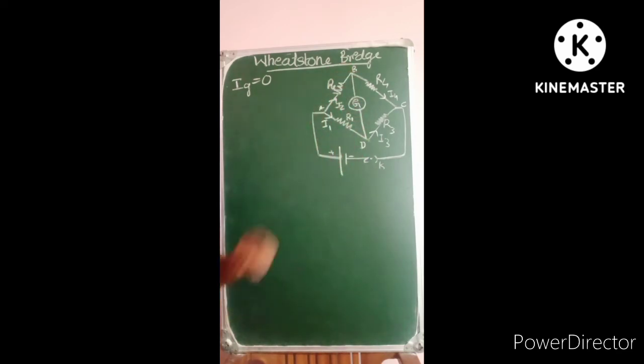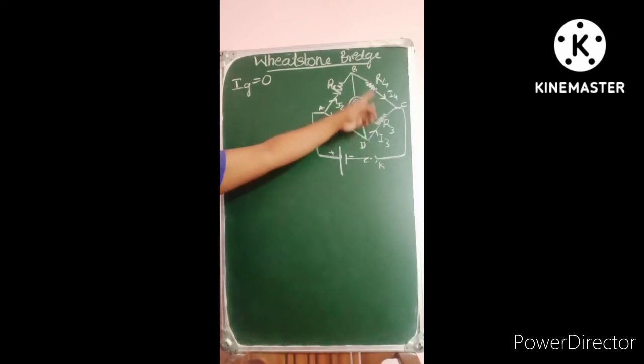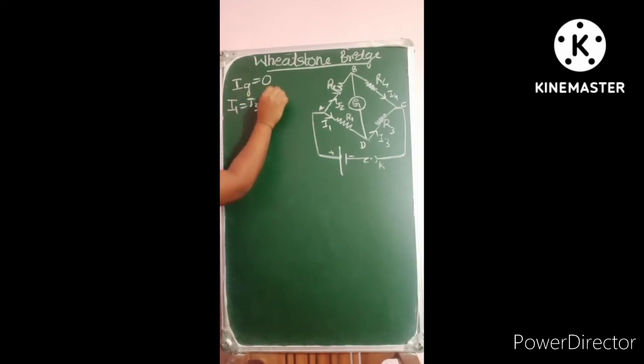To obtain the balancing condition for the Wheatstone network, we derive an expression. Assuming Ig equals 0, we apply Kirchhoff's rule between D and B, so I1 equals I3 and I2 equals I4.